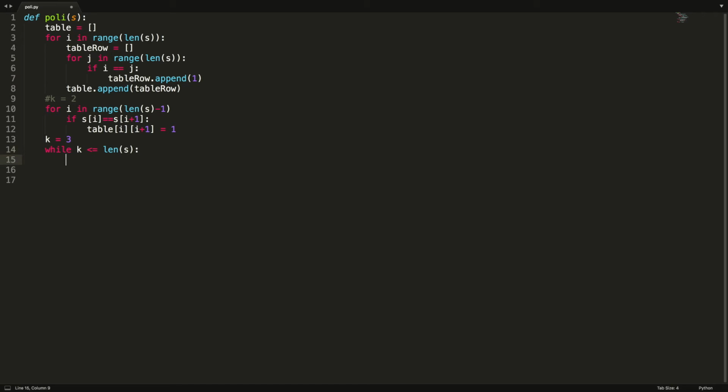And in this loop, we will have i equals 0, because we will check from the first character.